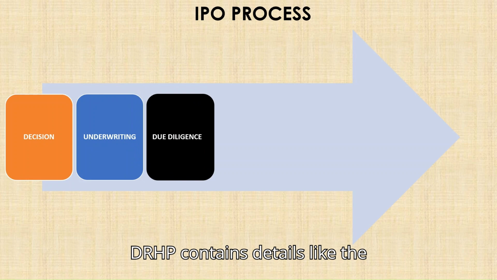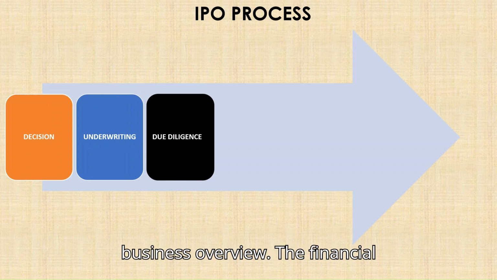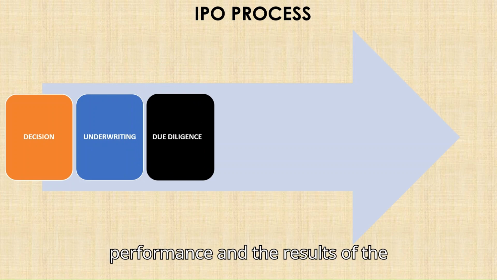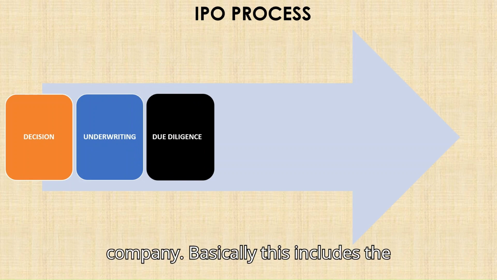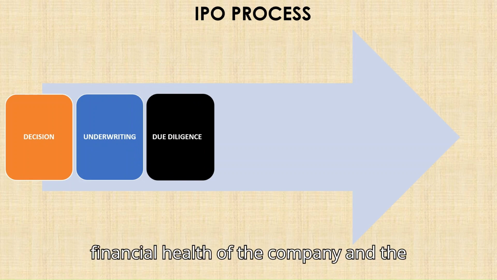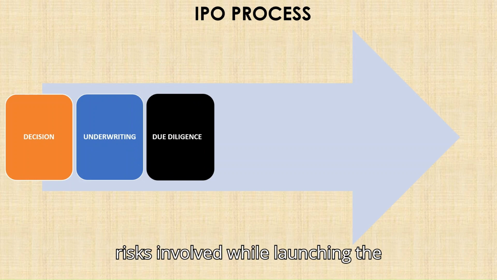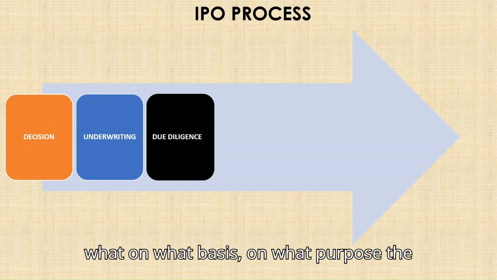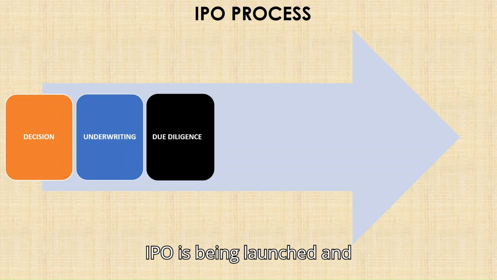The DRHP contains details like the business overview, the financial performance, which are quarterly and annual performance, and the results of the company. Basically, this includes the financial health of the company, the risks involved while launching the IPO, and the purpose of the IPO. On what basis and for what purpose the IPO is being launched.